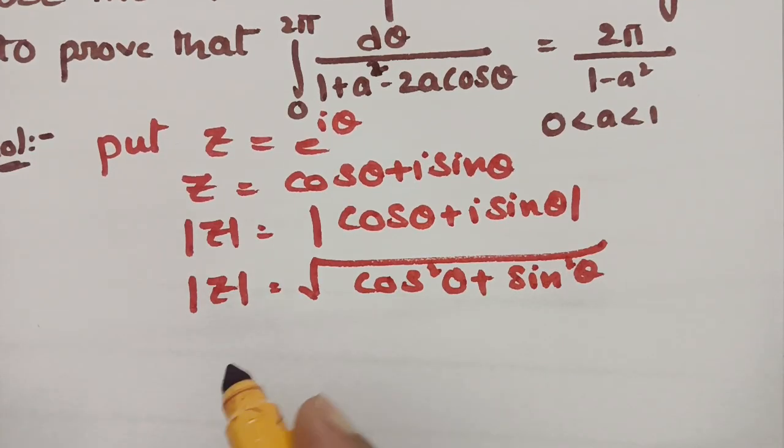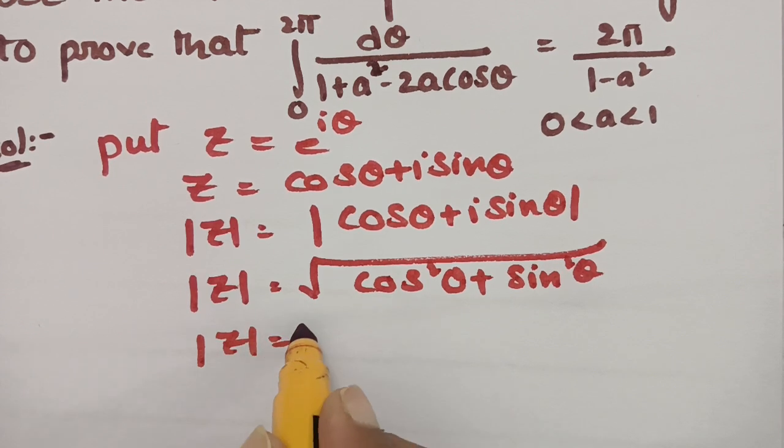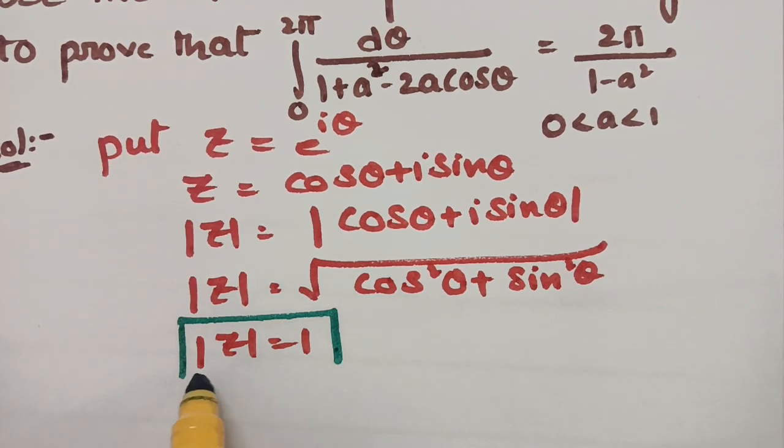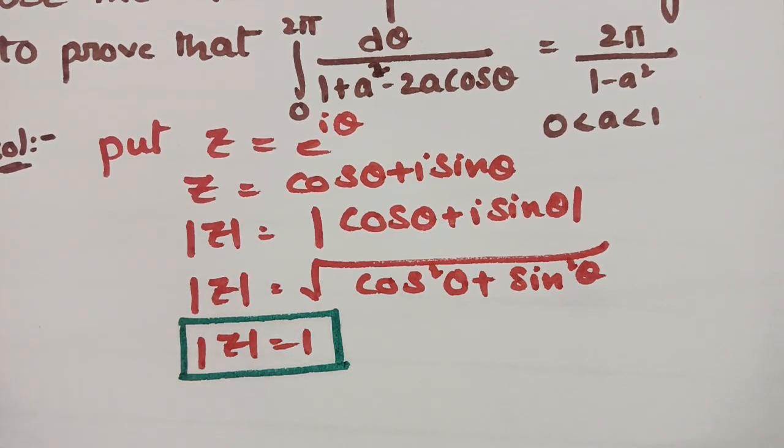And therefore mod z is equal to 1. So we got the region that is a circle with center 0 and radius 1. So this is the region for z equals e^(iθ).